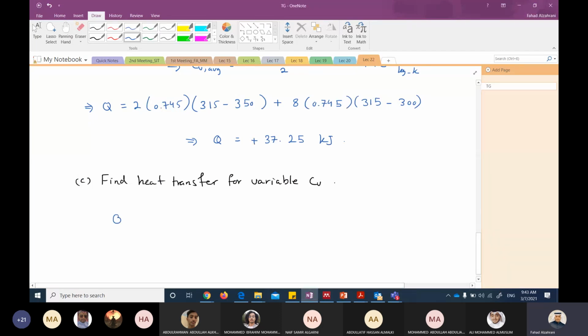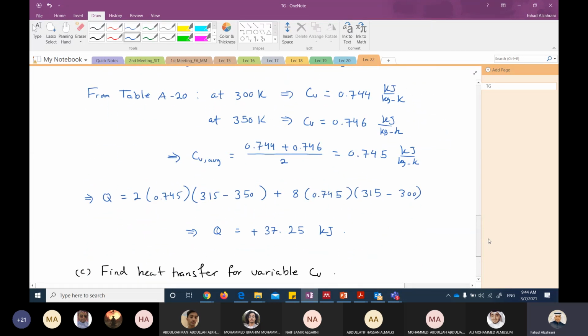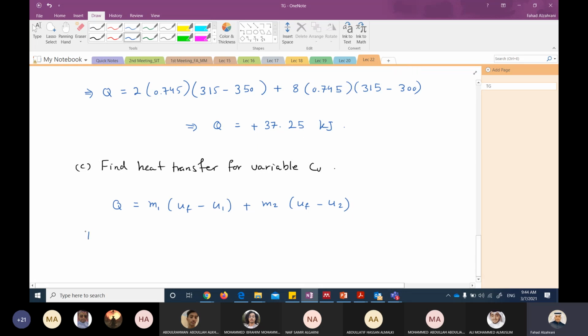So Q will be simply, we're gonna go back there. Q is gonna be m1 (U final minus U1) plus m2 (U final minus U2). Okay, this is from table A23 at 300 Kelvin.